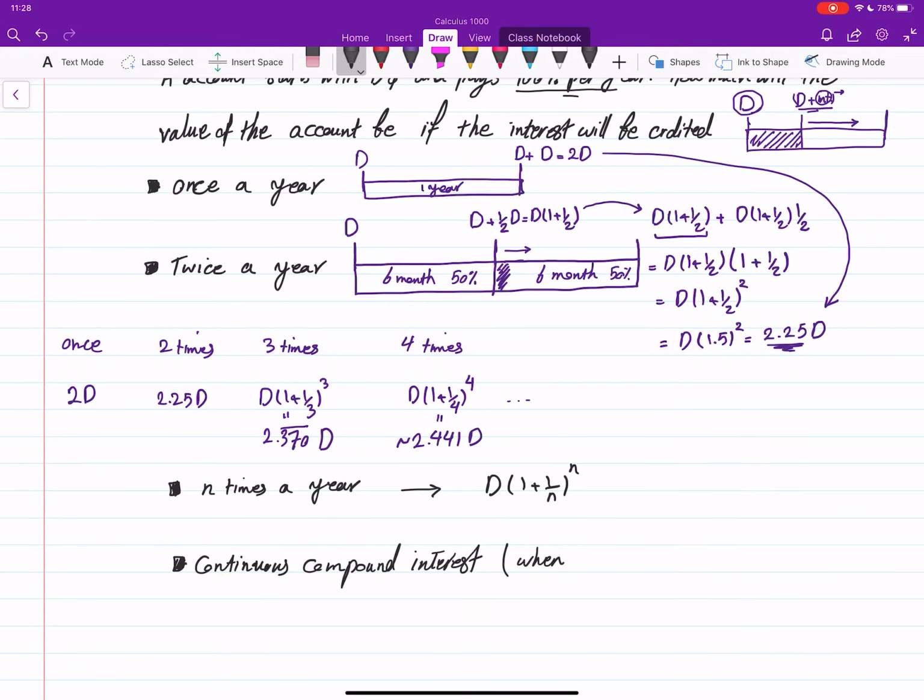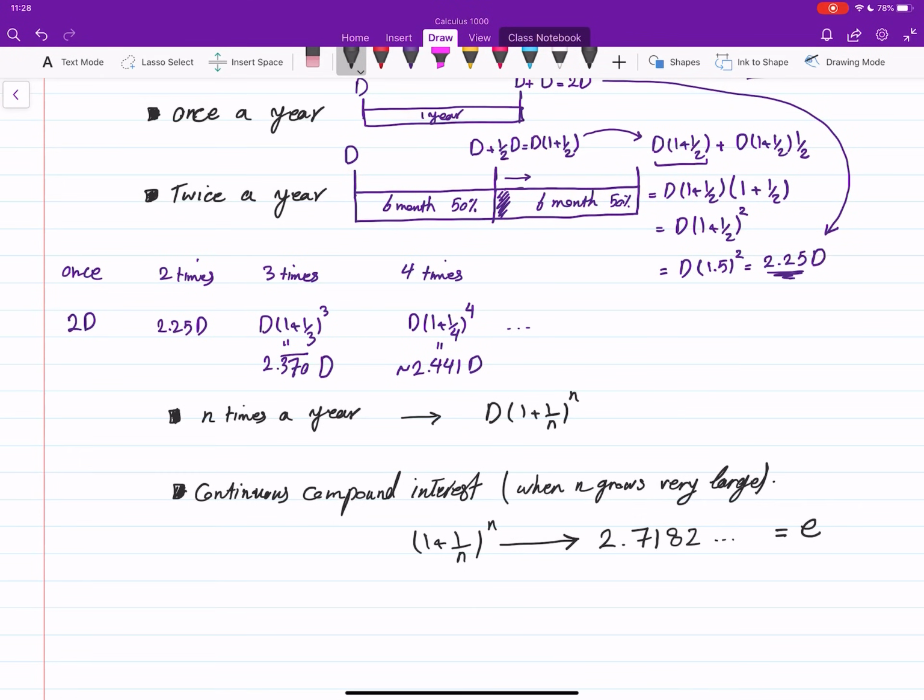So when n grows very large, this 1 plus 1 over n to the power n approaches the number 2.7182 and so on, which now we call the number E. The Euler's number, sometimes you may see it called Napier's constant.